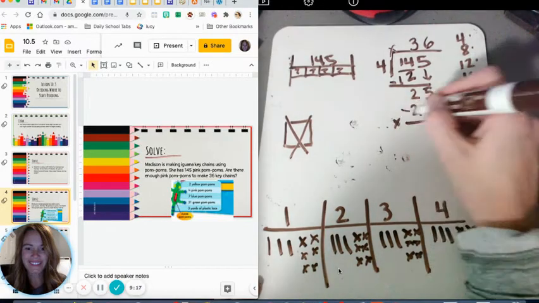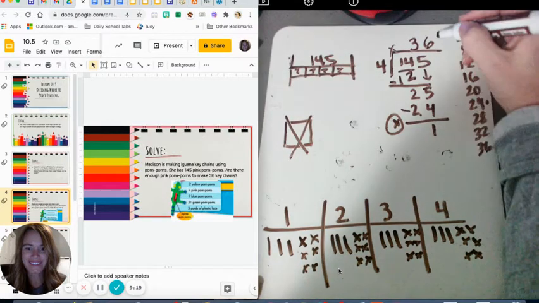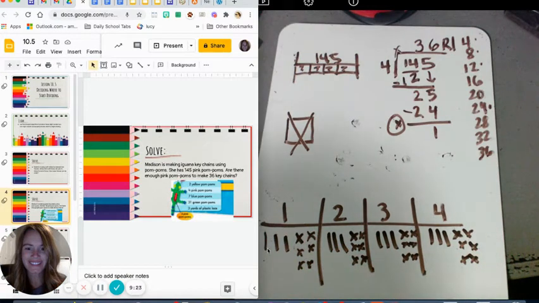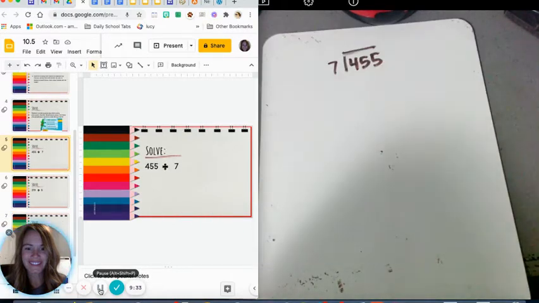And that left me with 1 left over. 5 minus 4 is 1. So 36 with a remainder of 1. So she did have enough to make 36 keychains. She had 1 pom-pom left over. So we're going to try this problem.